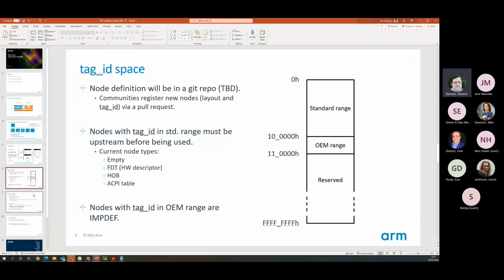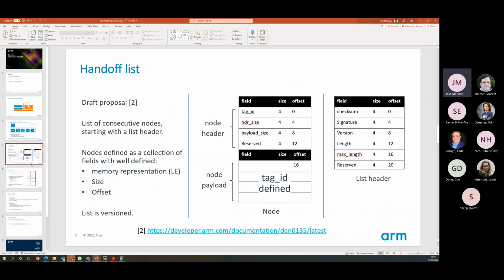Oh, and yes, by the way, I entirely forgot to mention this. As we've started creating this draft proposal for the data model, it does have an ARM-specific license, but that's just because it was the easiest path forward to make this document public.